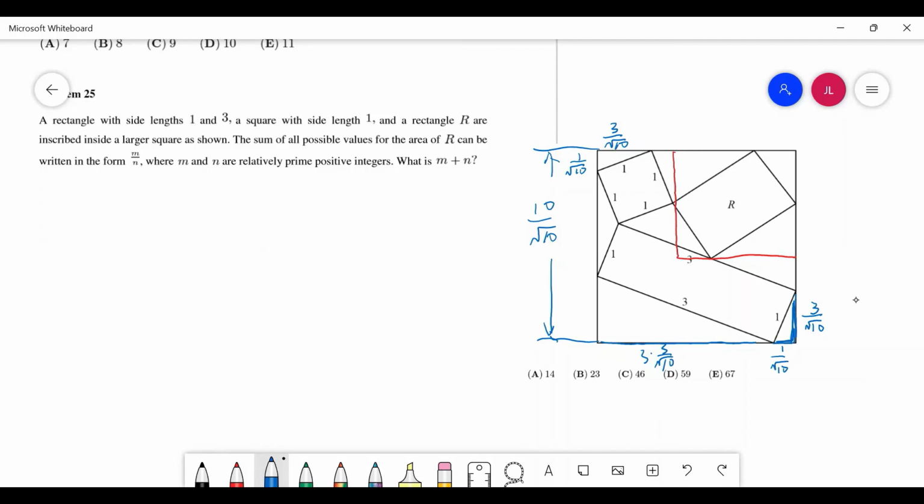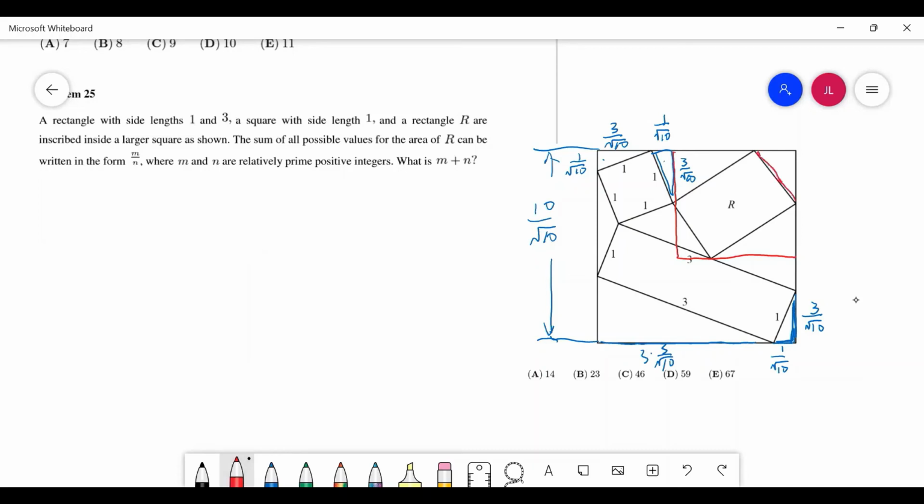So I know this is congruent to the smaller one. This is going to be 1 over square root 10. So this side actually is 3 over square root 10. So now I'm going to let you focus on this right triangle.